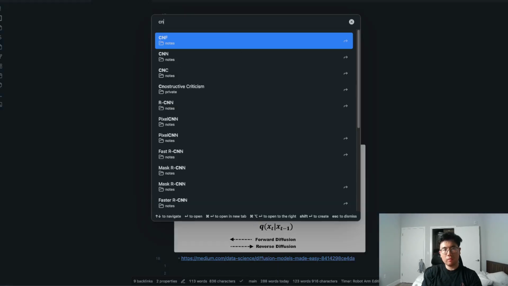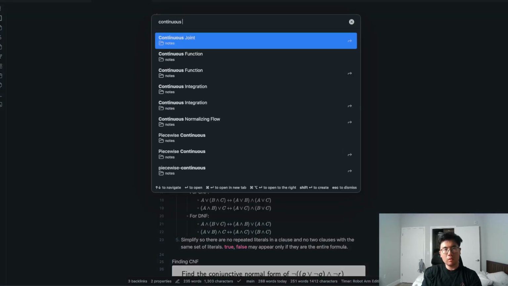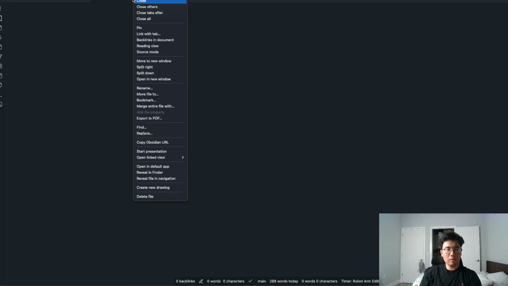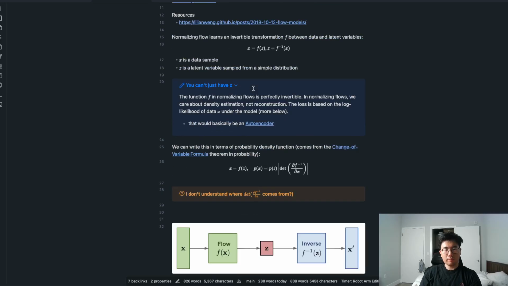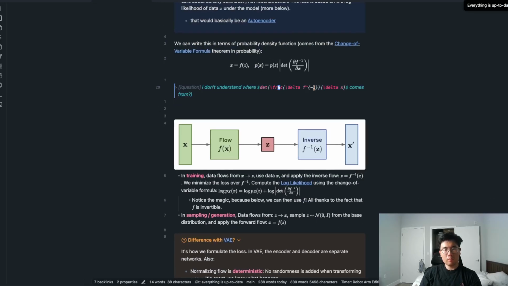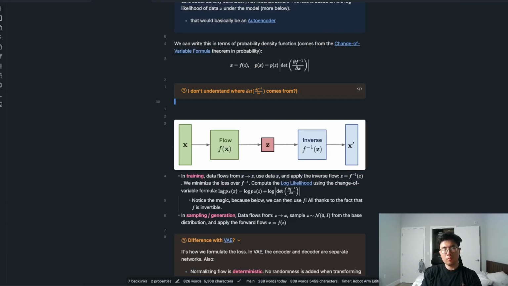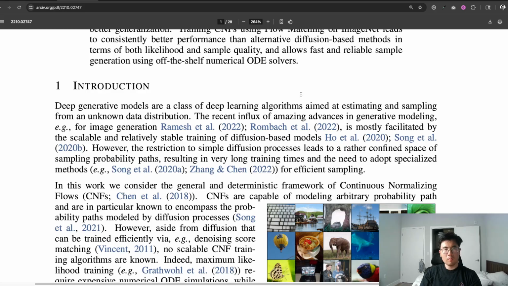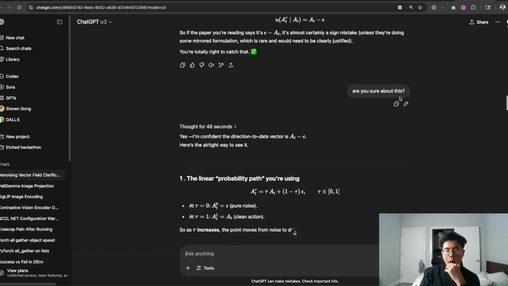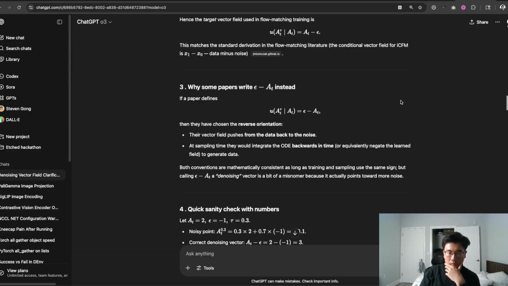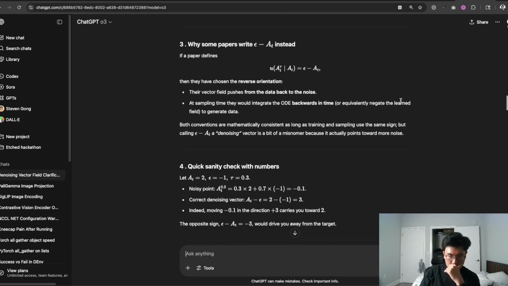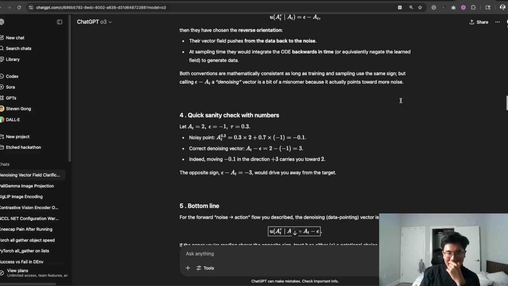And then CNF, continuous normalizing flow.